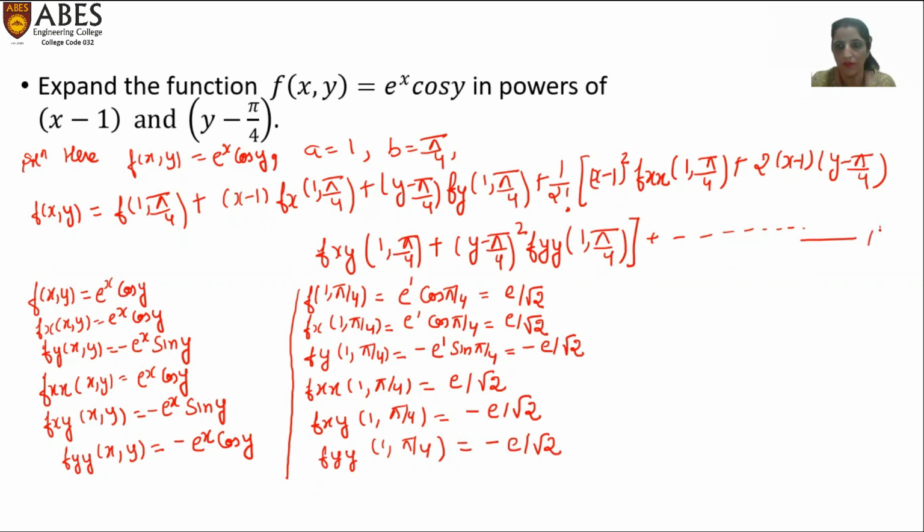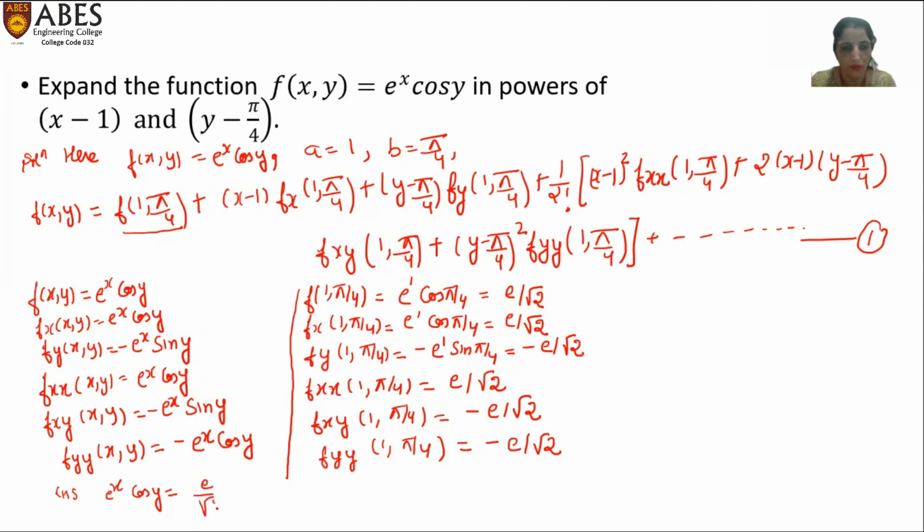Now, if this is the formula, we will replace all these values in formula 1. The left hand side becomes the function e^x cos y, and its value at this point is e by root 2.